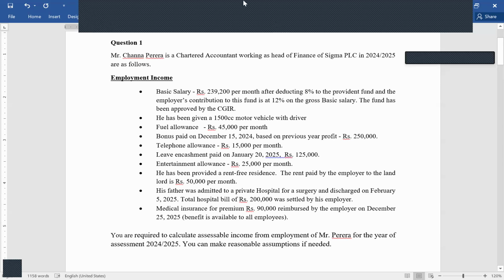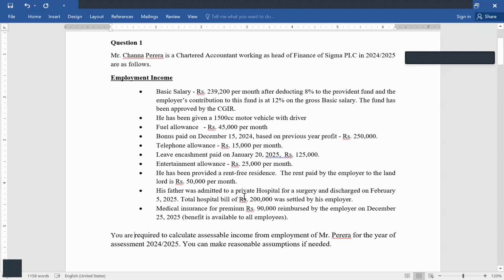I think you can understand what I am talking. If you cannot understand, please tell me. Then I can show you the answer sheet. So employer's contribution to the fund is tax exempt. So even though they have deducted that 12%, it is tax exempt at the time of contributing to the fund. I have mentioned two situations with regard to the pension funds.